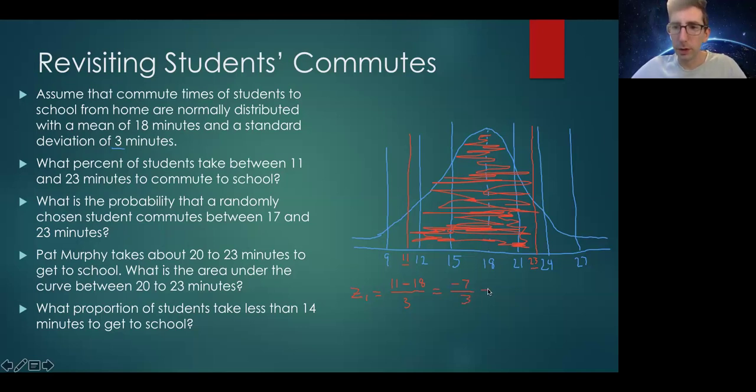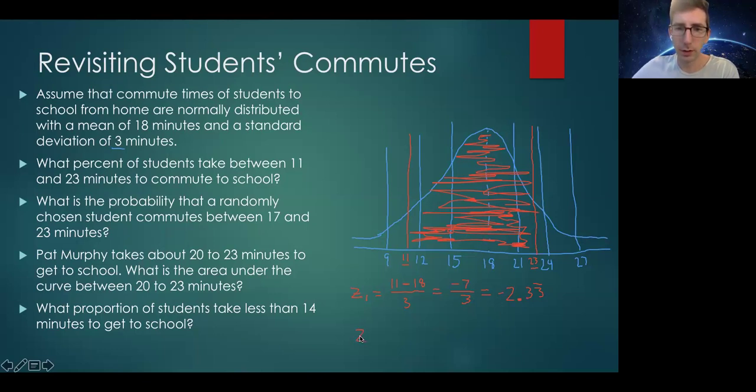We divide that by 3, and we get -2.33 repeating. It goes on forever. Remember to keep track of that negative.